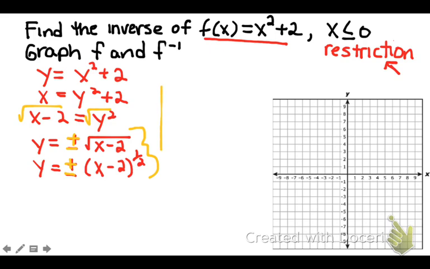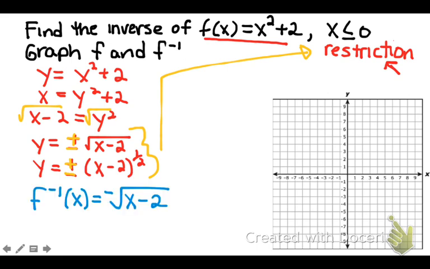However, remember we have this restriction, so our inverse is going to be, the x is less than or equal to 0 tells us it's going to be non-positive values, and that's why I have the negative in front of the square root of x minus 2. All right, so we're going to make 2 tables of values.